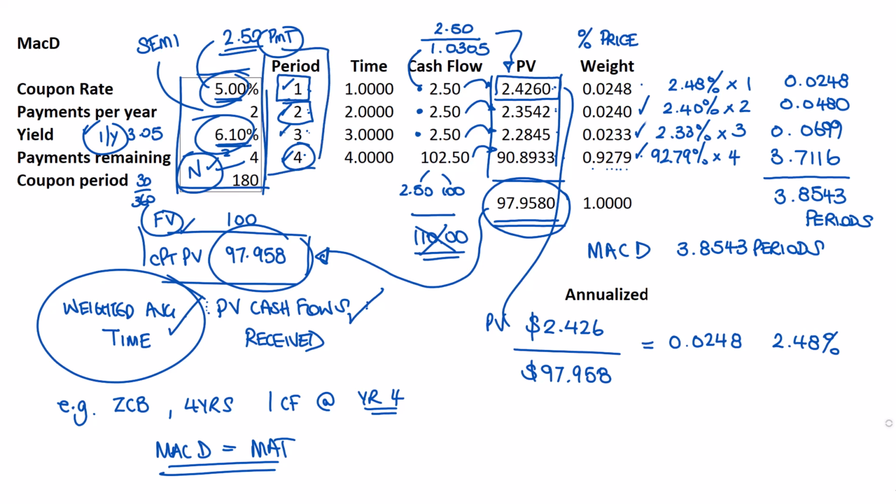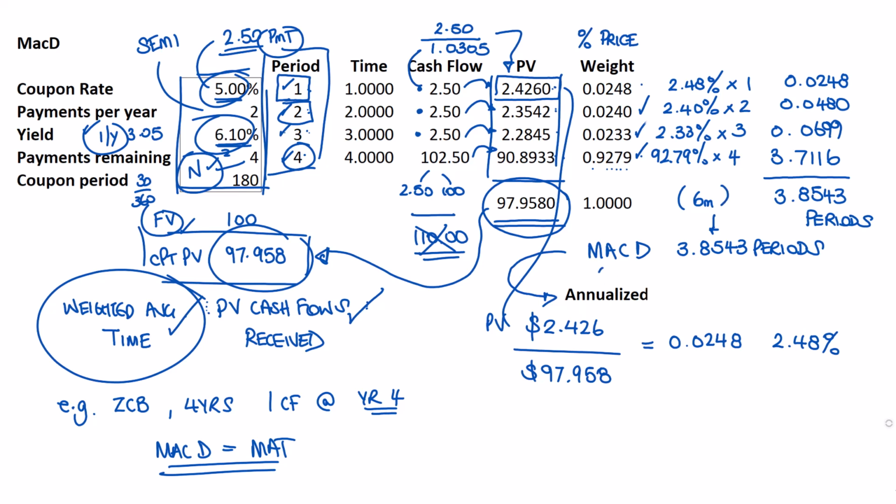The examiner is likely to want that annualized. How do we annualize to go from 6 months to annually? Well, do not multiply it by 2. Remember, these periods that we've just calculated are 6 monthly, semi-annual periods.